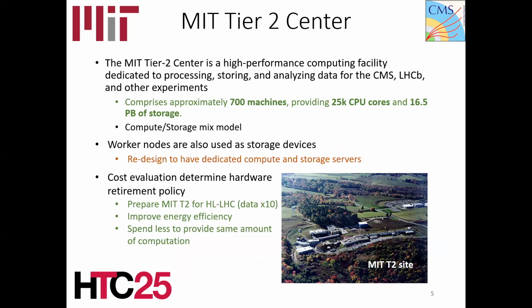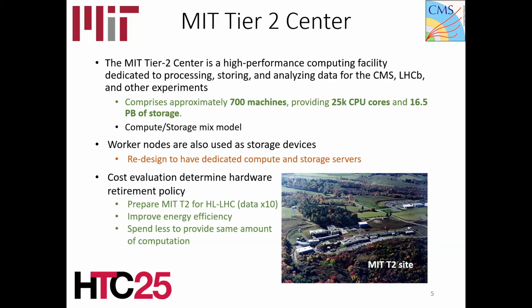Okay, so since I used the Tier 2 Center for the analysis, here is a brief introduction. The Tier 2 Center is a high-performance facility that is dedicated to reprocessing, storing, and analyzing data for CMS, LHCb, and some other small experiments. It has about 700 machines, providing about 25,000 CPU cores and about 16 petabytes of storage. So far, the site is using a mixed model where we combine the computing and the storage system together.